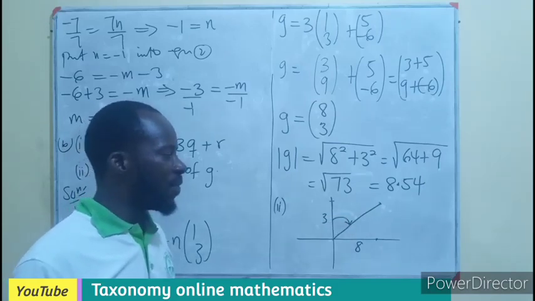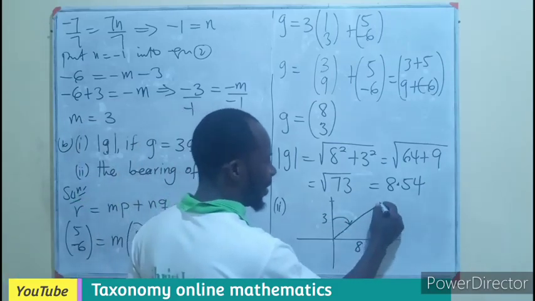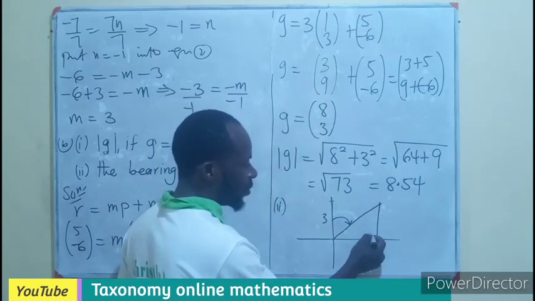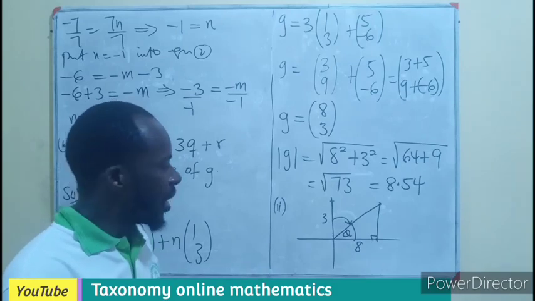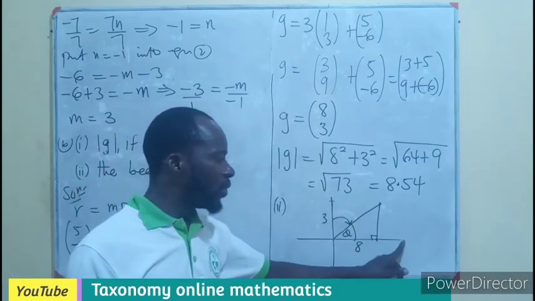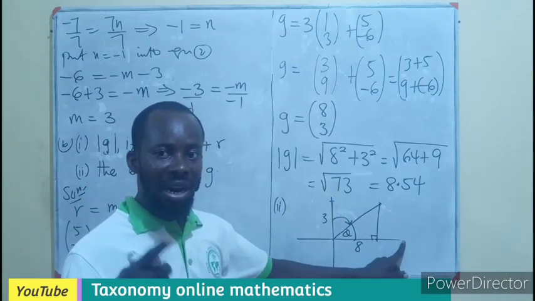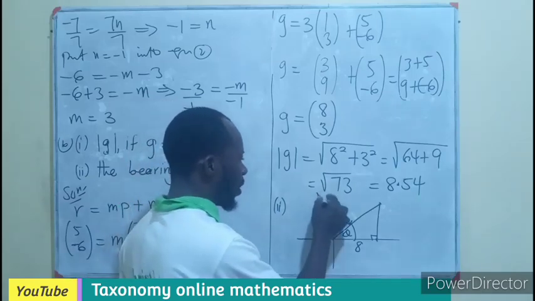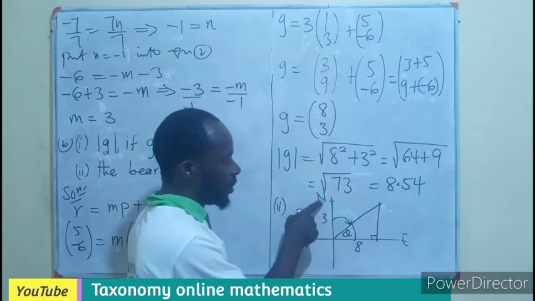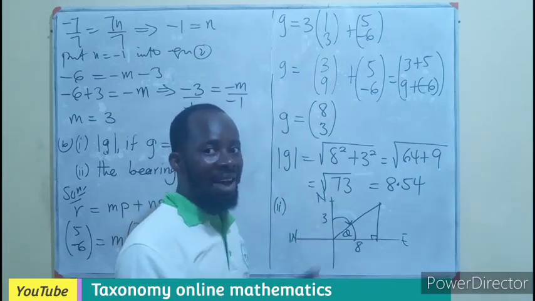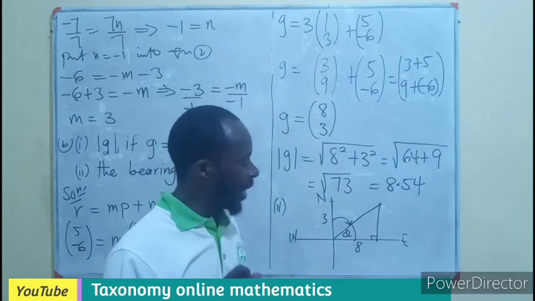But I can easily find it here, since this can form a right angle triangle. So if I find the angle theta, I know from here all the way to this place will give me 90 degrees. That is from the north to the east. So in between the north and east, I have an angle of 90 degrees, right?